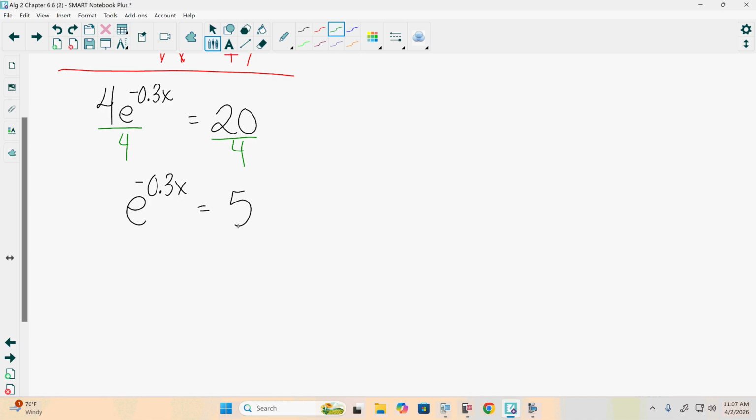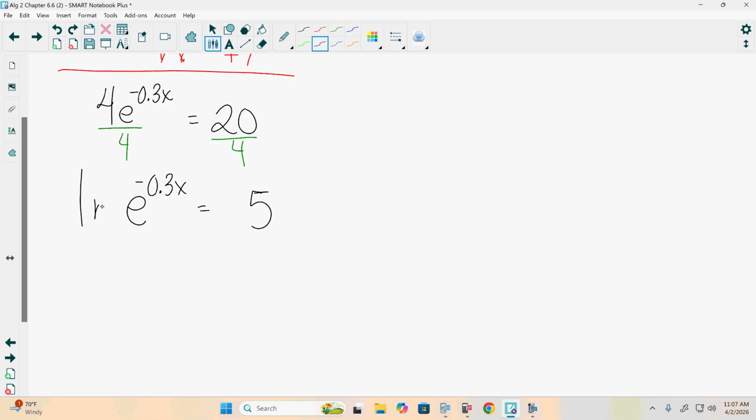So really what we're looking at is e to the negative 0.3x is equal to 5. I'm just moving it over a hair. Now do we have one term on either side? On these, for whatever reason, they do it with e more than with just a number base, we rewrite it and have a lot of stuff left next to it.